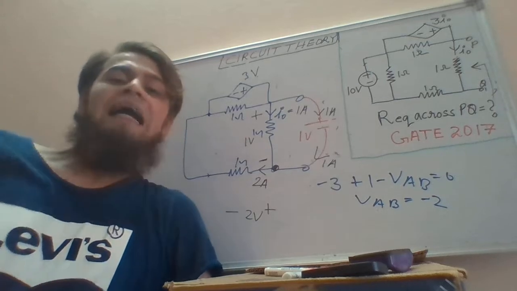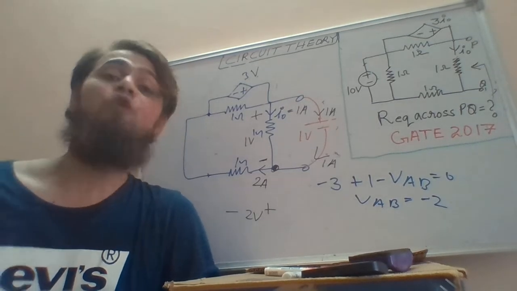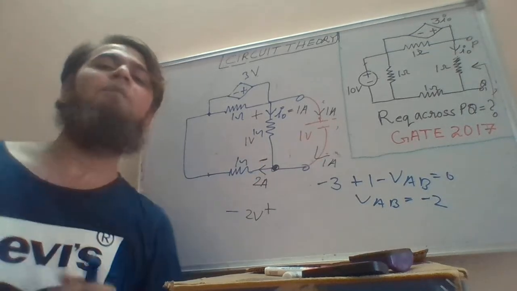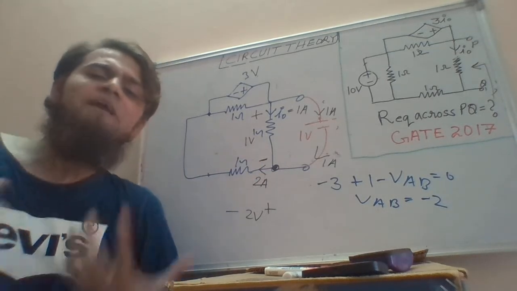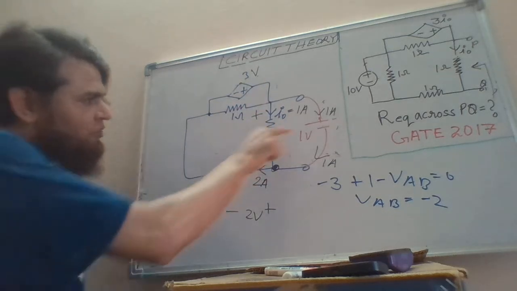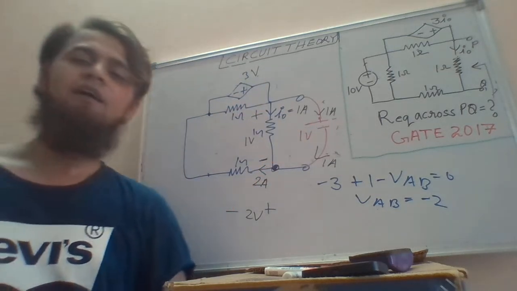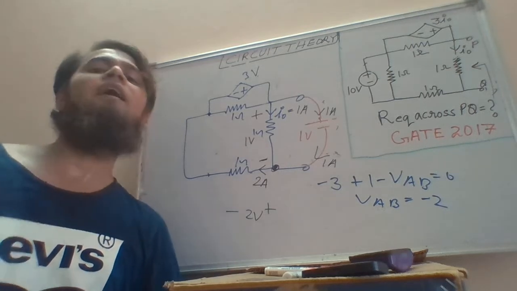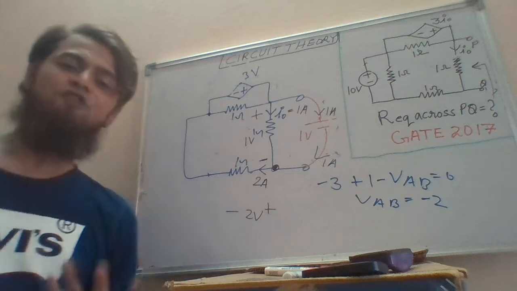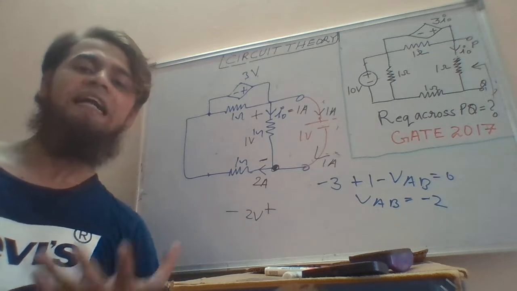Then who might be forcing this battery to absorb the power? When this battery is supposed to deliver the power, what might be going on inside the circuit which is forcing this external battery to receive or consume the current, to consume the power? And that is actually the interpretation of negative resistance.